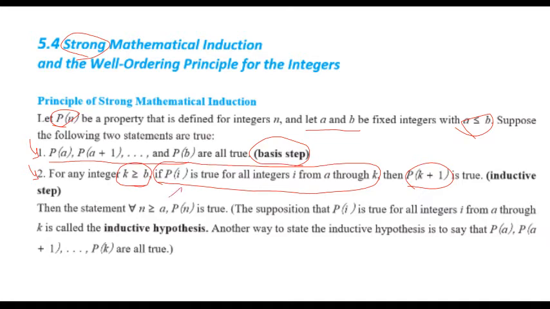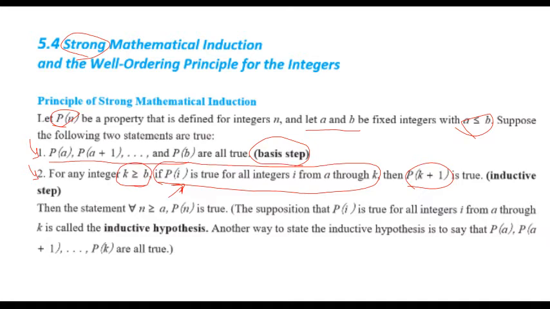But here, the inductive hypothesis basically says P of a is true, P of a plus 1 is true, all the way to P of k. So the inductive hypothesis in strong mathematical induction is much longer than in ordinary mathematical induction. In strong mathematical induction, the inductive hypothesis is P of i is true for all integers i from a to k.